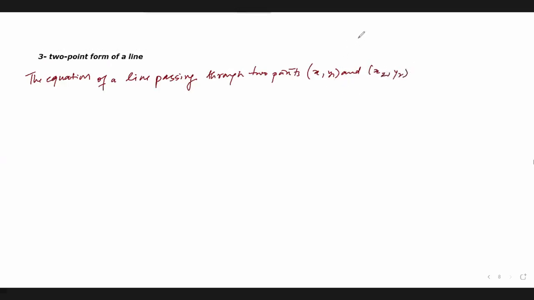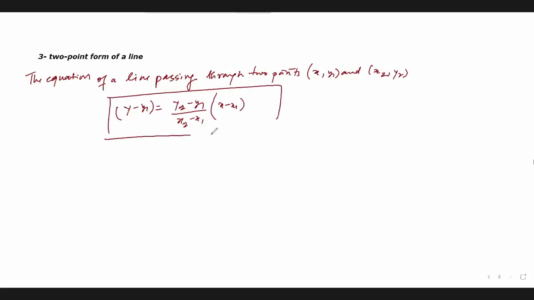So these are the 2 points. And if I talk about the two-point form of a line, it is y minus y1 is equal to (y2 minus y1) divided by (x2 minus x1), times (x minus x1). So this is the required equation of a straight line when 2 points have been given to us.